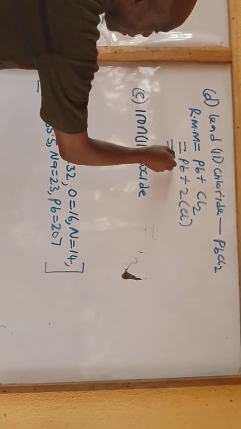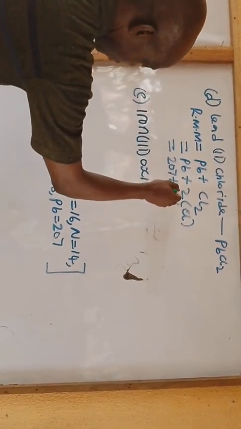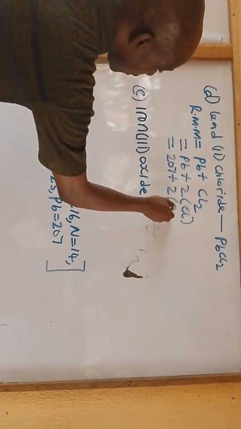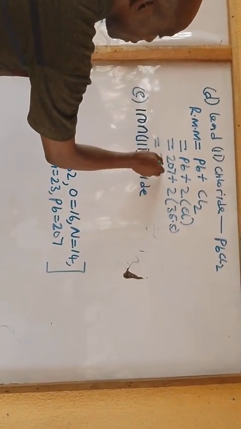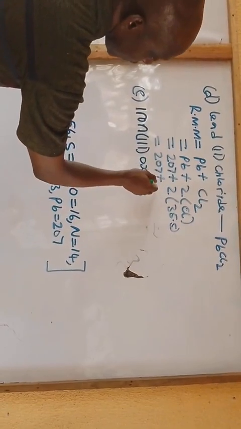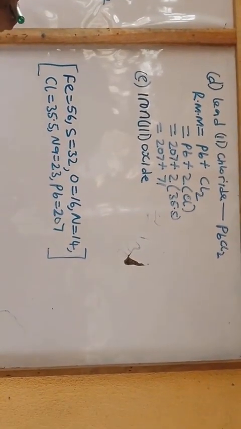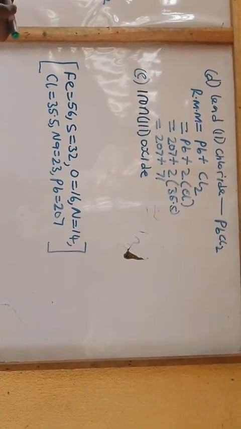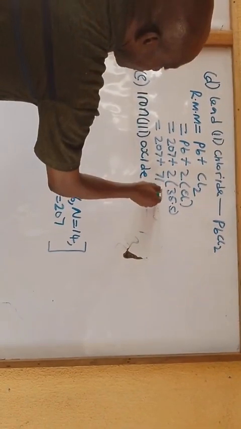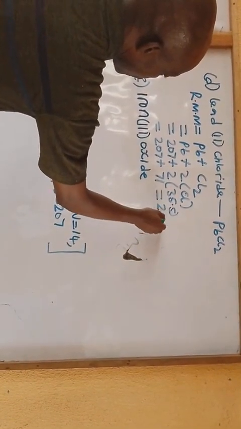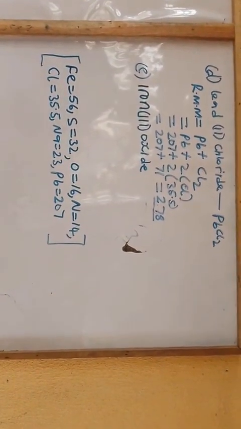Lead is 207 as given, plus 2 times chlorine, which is 35.5. So that will give us 207 plus 71, which will lead to 278. So that is the calculation of RMM of lead 2 chloride.